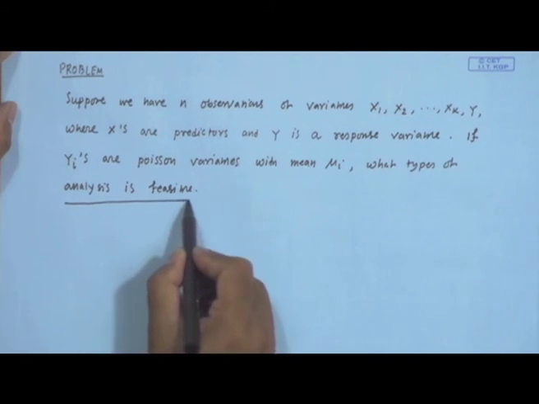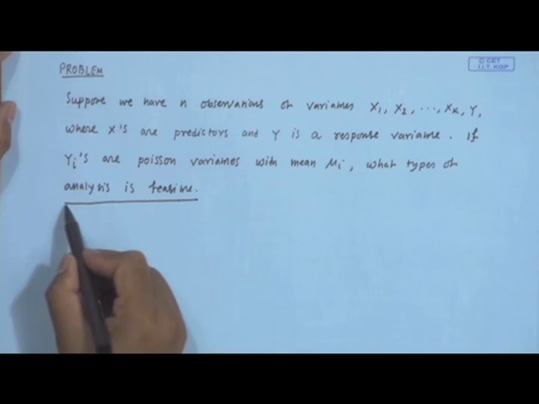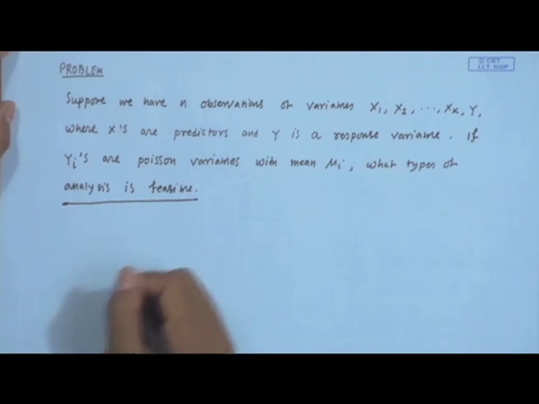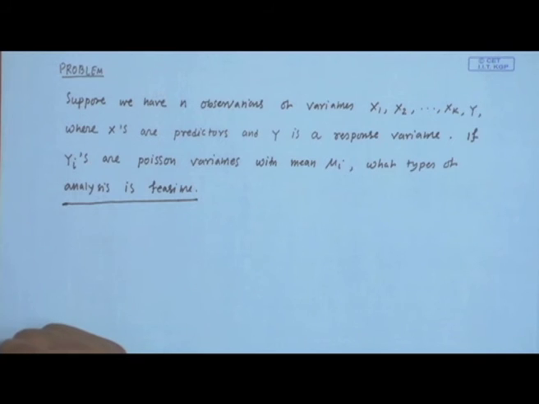So, the objective of the generalized linear model topic was, if the response variable is not following normal distribution, but the response variable follows some distribution from the exponential family, then how to fit a model for that.